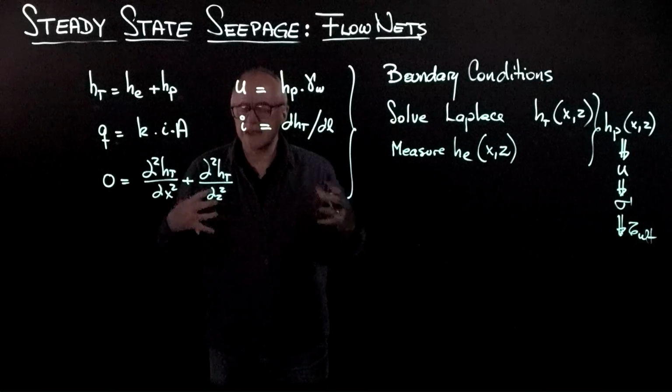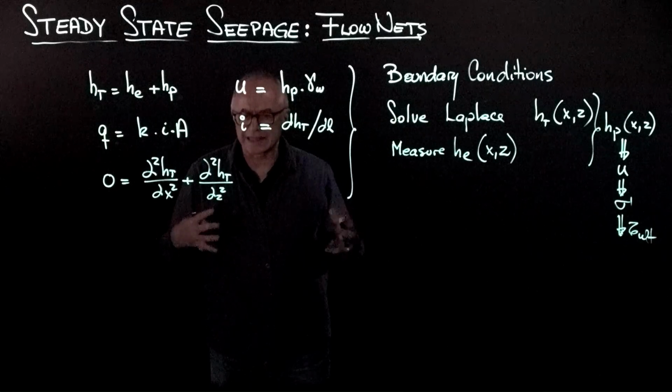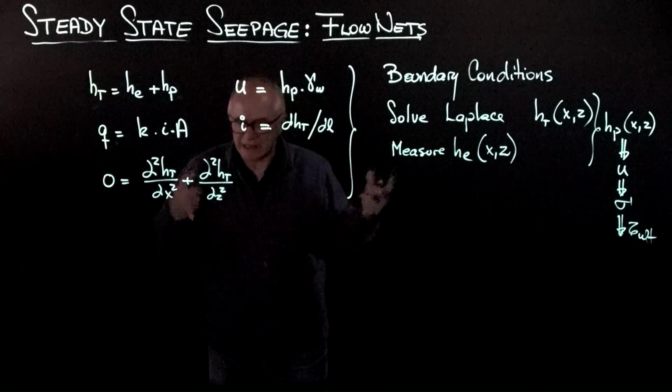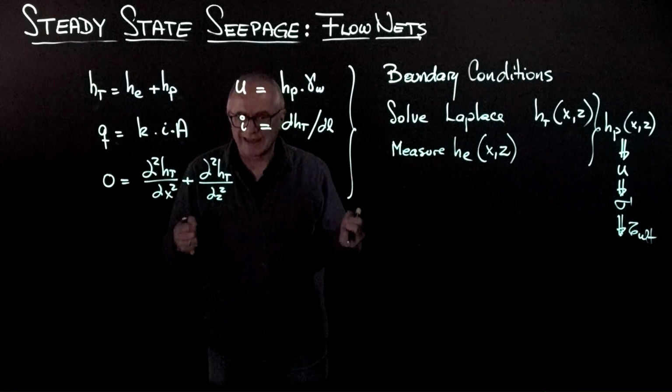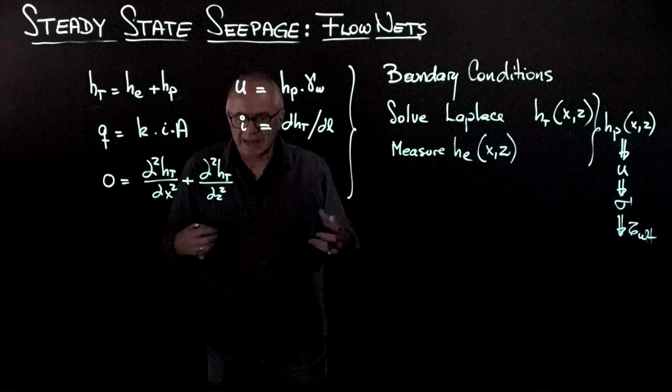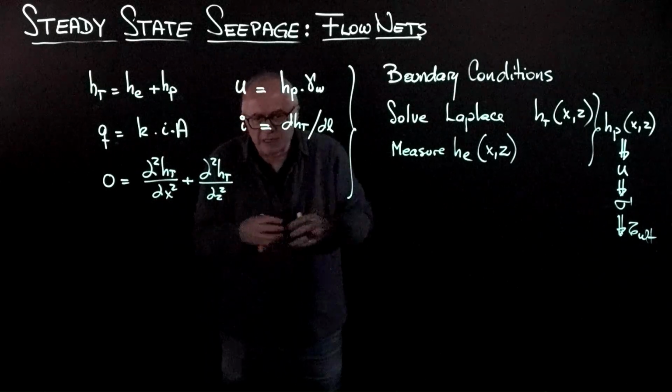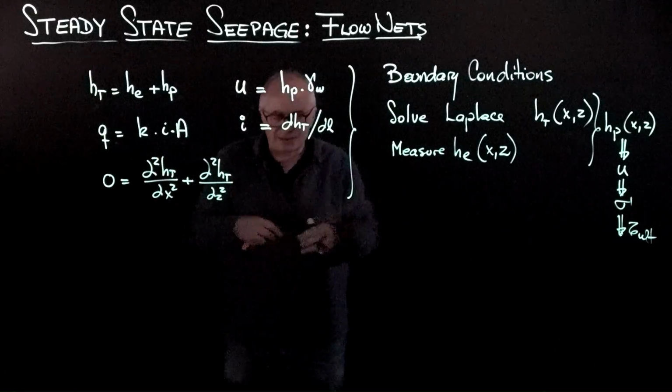I think that every time we have a problem of steady-state seepage, we should do it on the back of an envelope. Just take a page and sketch the problem and feel like a water molecule going from an inlet to the outlet. Draw those flow lines.